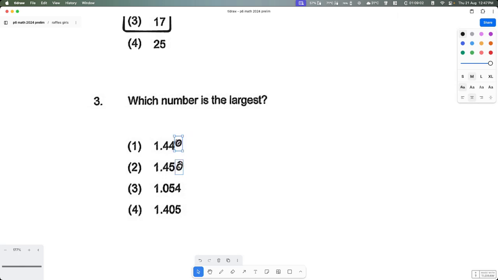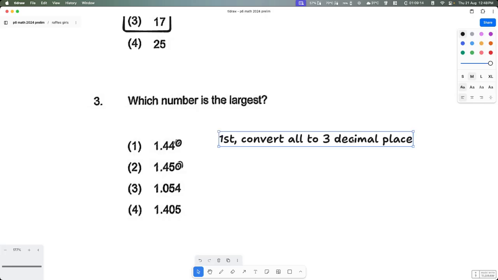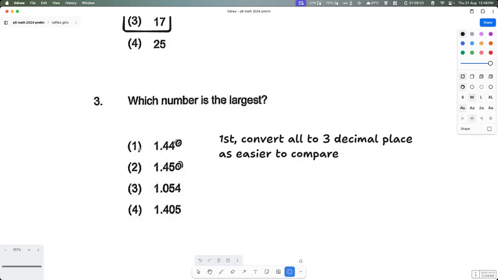First convert all to 3 decimal places, and then we can compare, which is easier. What is the largest number? The largest number is 0.450, which is option number 2. Let's move on to the next question.